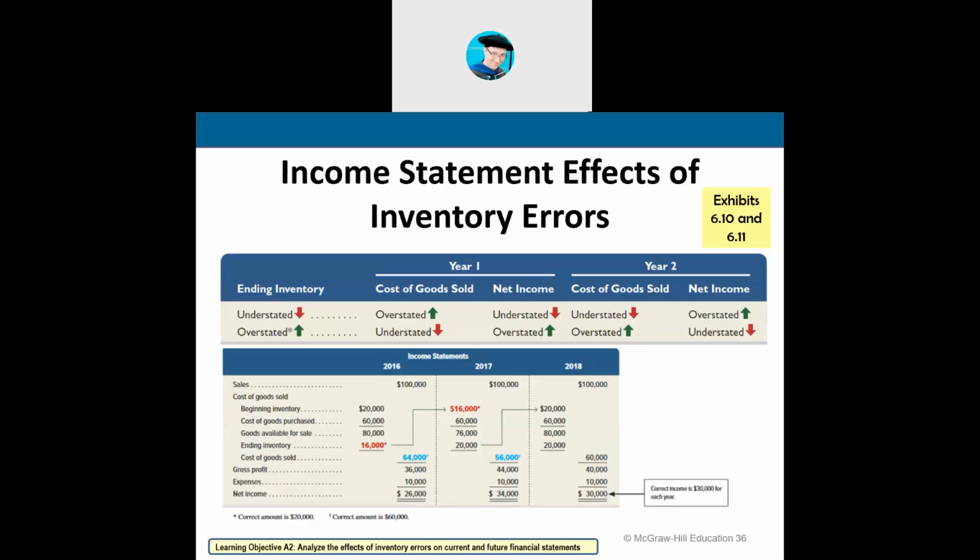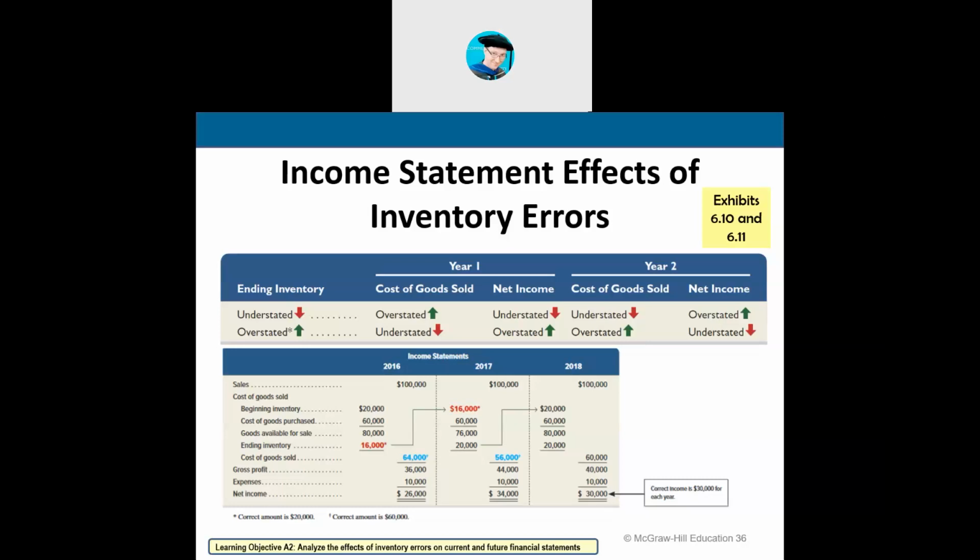Sometimes we make errors, and our inventory might be overstated or understated. If it's overstated, it simply means that we have more inventory on hand than we reported that we sold. This one's overstated.